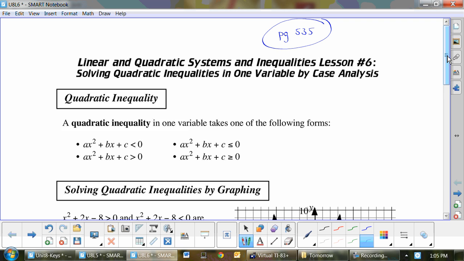Today is a little bit different because we're doing what we call case analysis. Everything we did before involved having an entire solution region like that. Today, our solutions are going to be just a piece of the graph, like that.